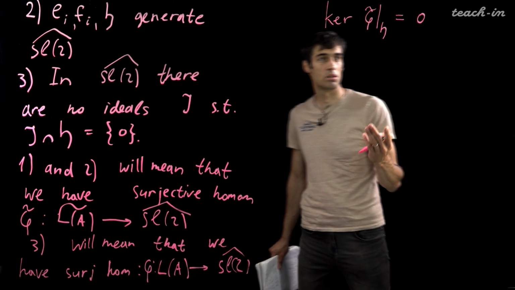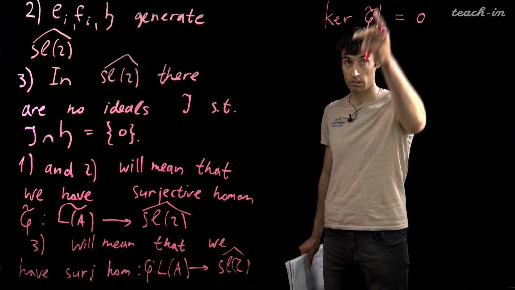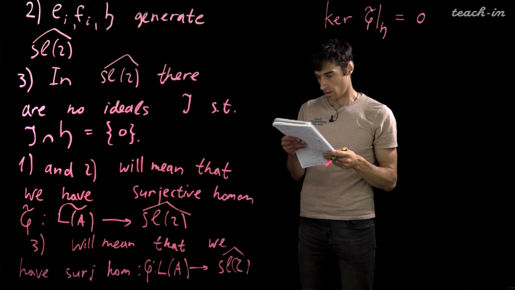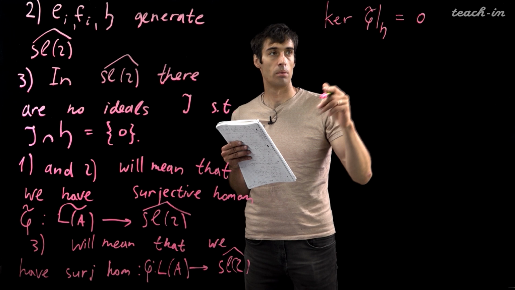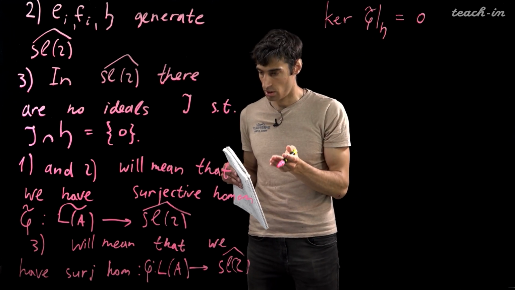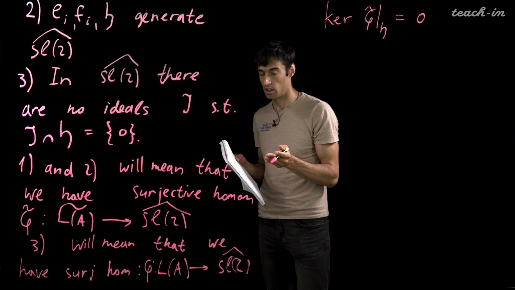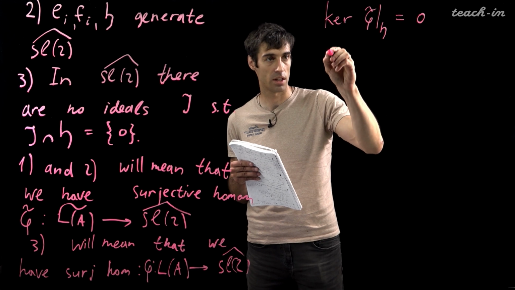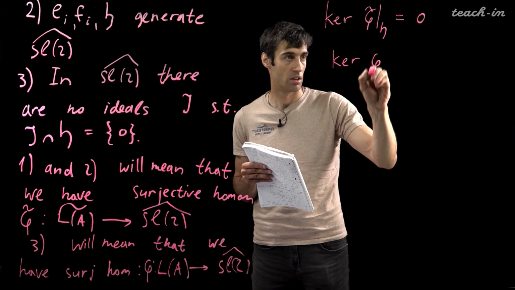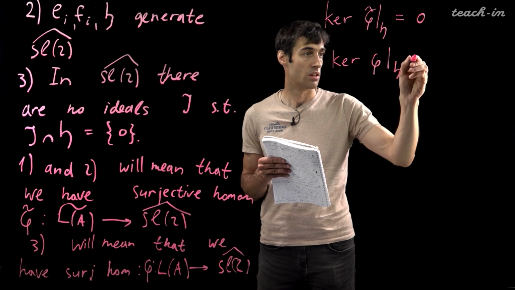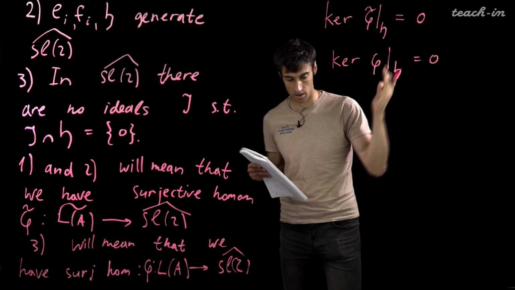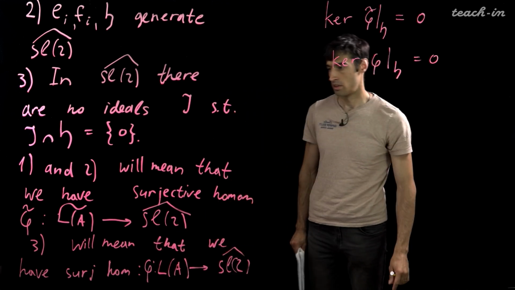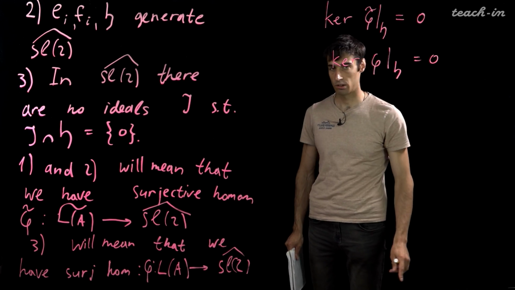So therefore phi tilde restricted to H is an isomorphism. But when I quotient by the ideal, which intersects trivially with H, I still have kernel equal to 0. When I quotient by this ideal, I don't change anything, and so I can just remove phi tilde from here.